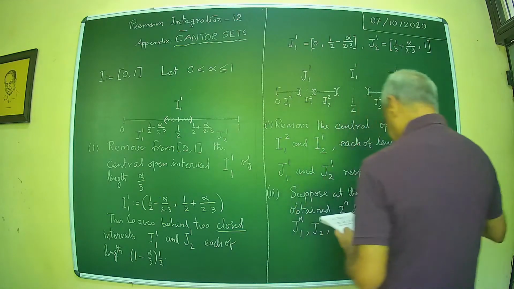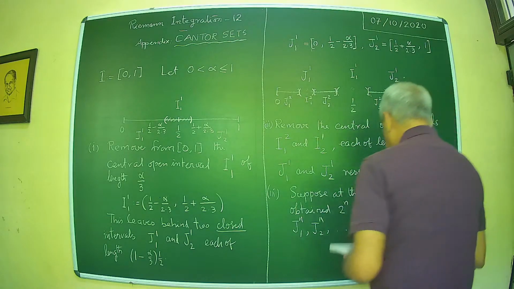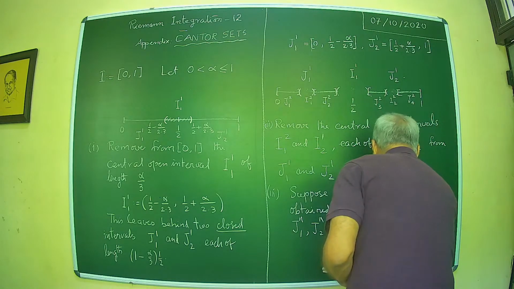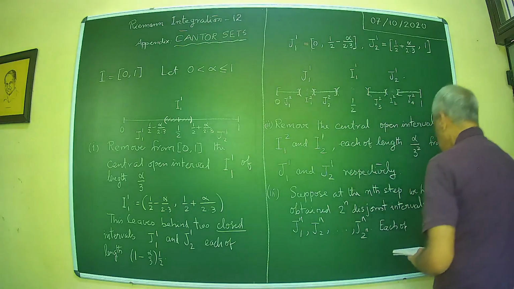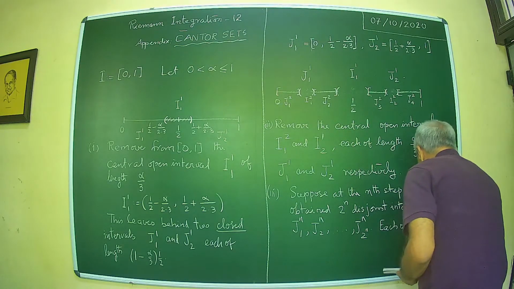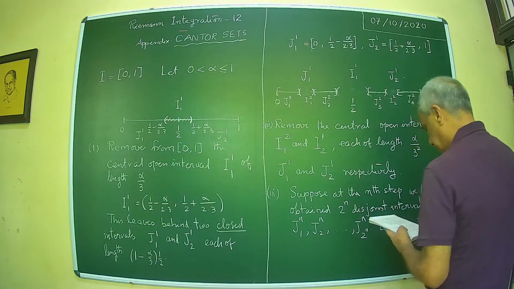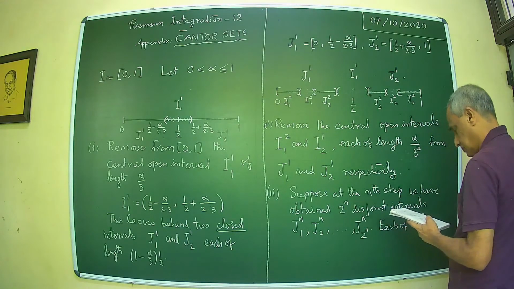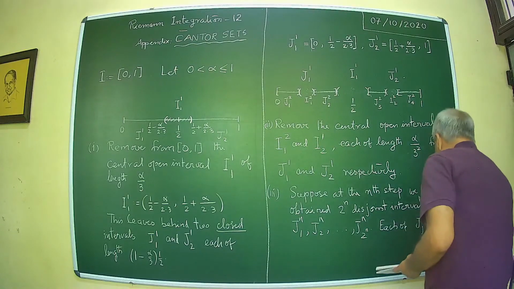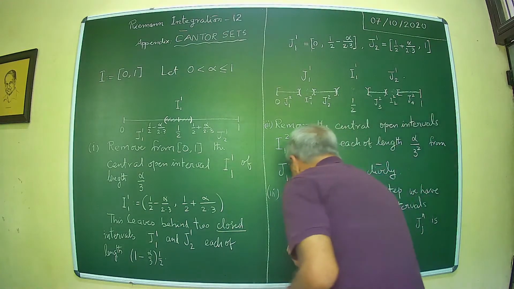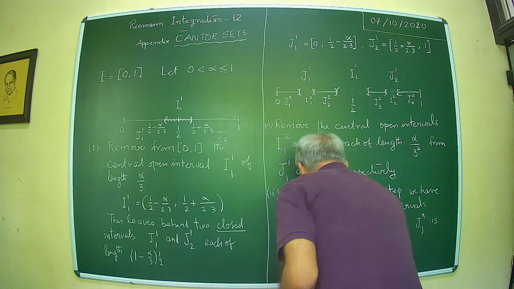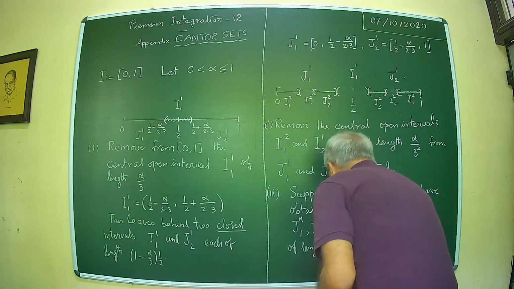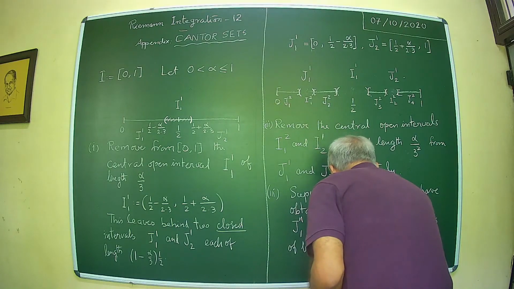Okay. Likewise, you have at the nth stage, suppose you get this. Then you go to the n plus first step. Now each of these J is of length 1 minus alpha by 3.